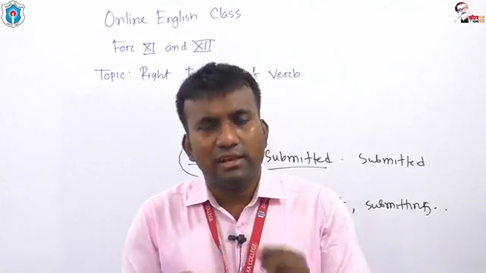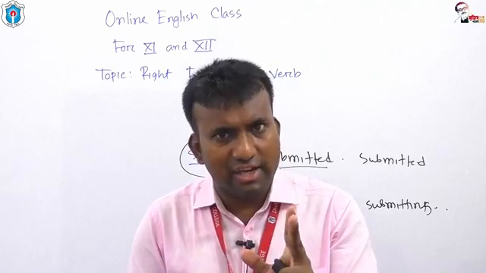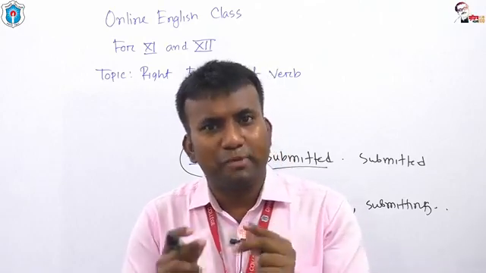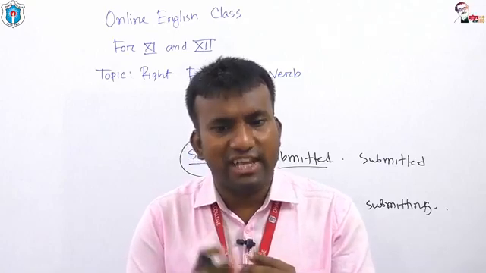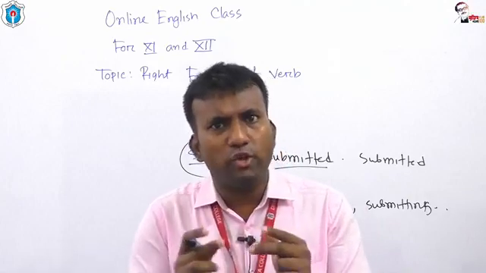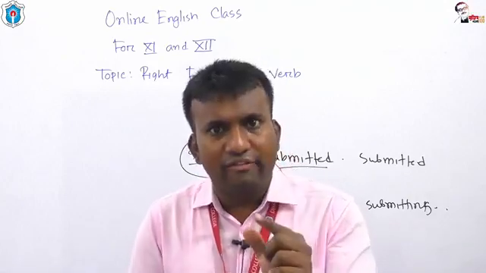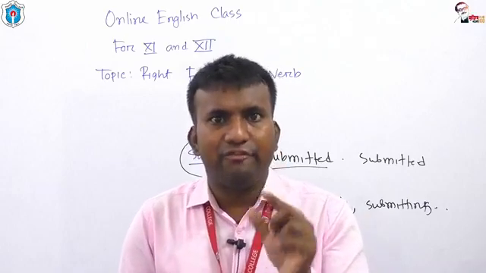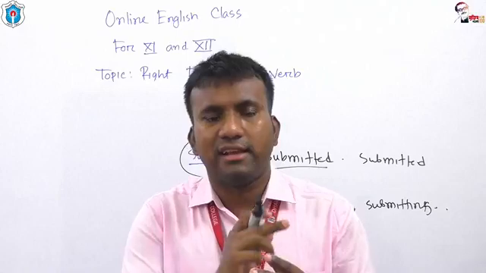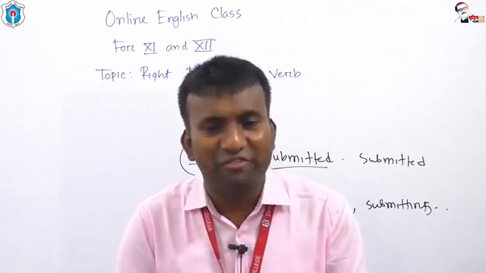That is, verbs are taken according to person, number and tense. The form of verb which is taken according to person, number and tense is called appropriate form of verb, or you can say right forms of verb.